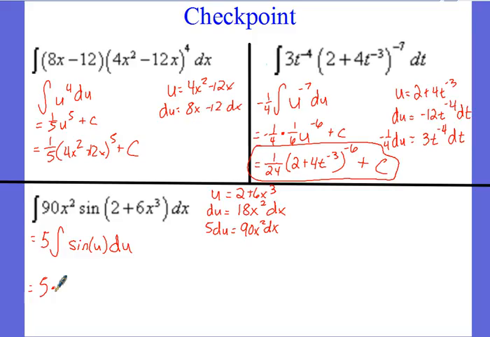Because what's the derivative of cosine? Negative sine, but it's not a negative. I need it to be positive, so it's actually going to be a negative cosine. Very good. Negative cosine of u plus c. And then now simplify. This is just going to become negative 5 cosine of (2 plus 6x to the third power) plus c.